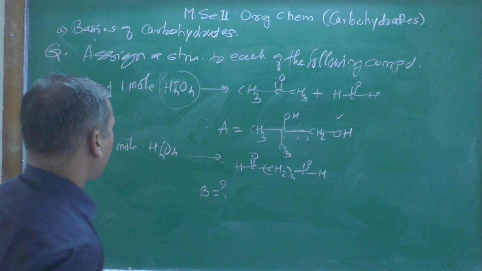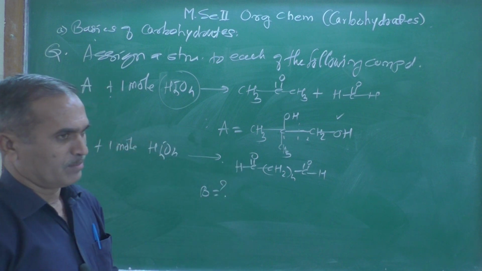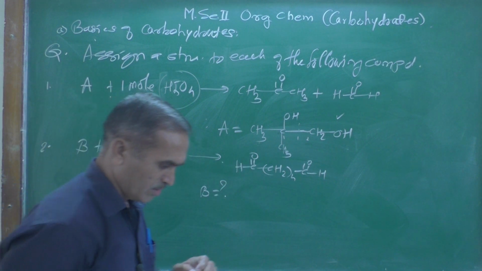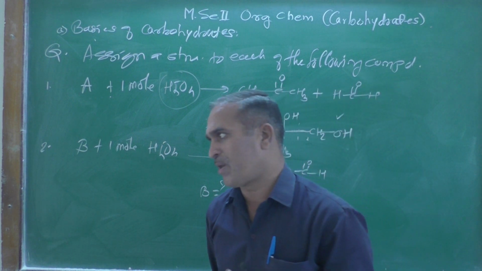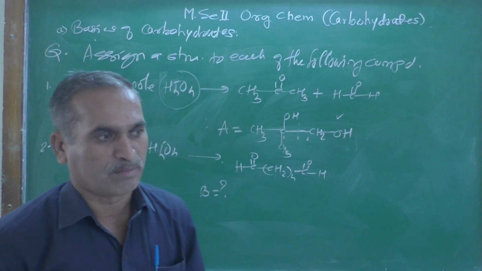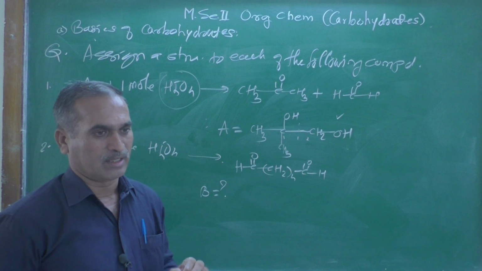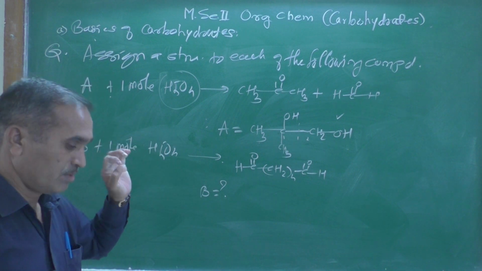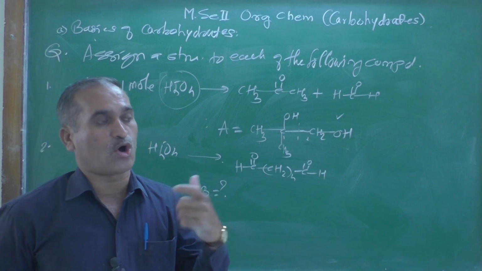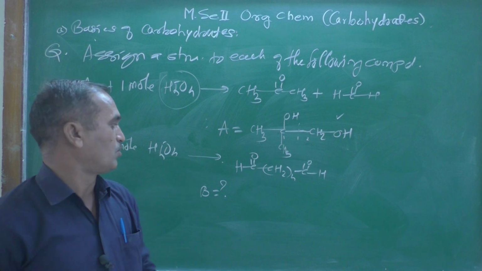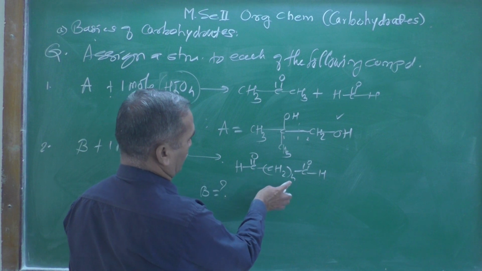This type of question requires a lot of imagination and thinking power. If you understood the concept clearly, HIO4 is an oxidizing reagent which cleaves adjacent hydroxyl groups. Look here, there are carbon atoms 1, 4, 5, 6.